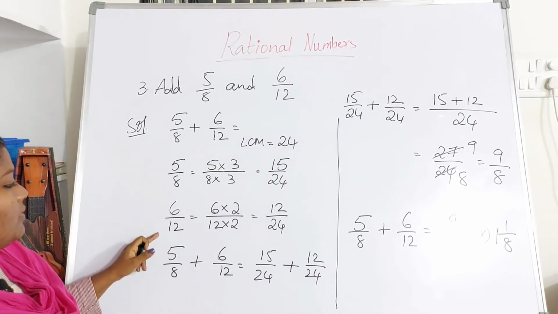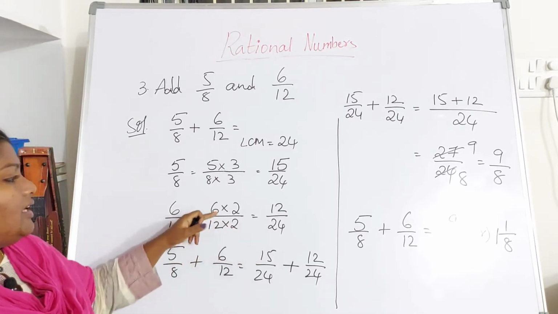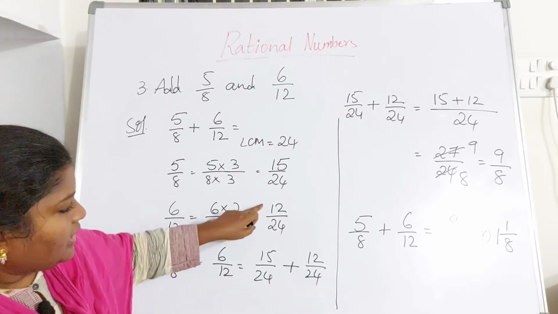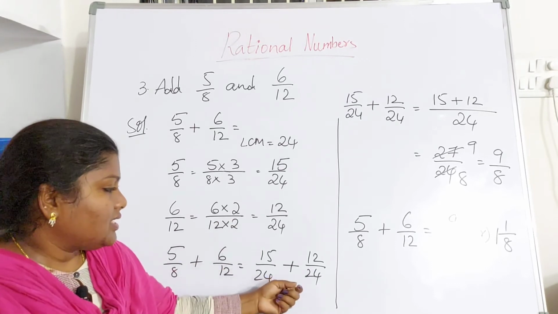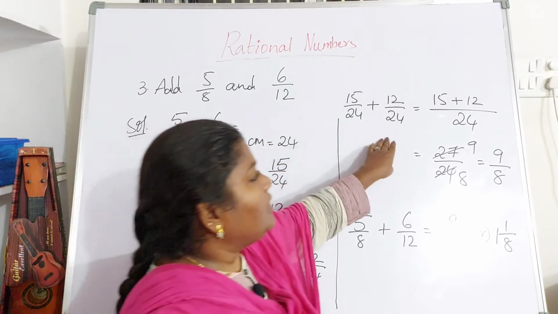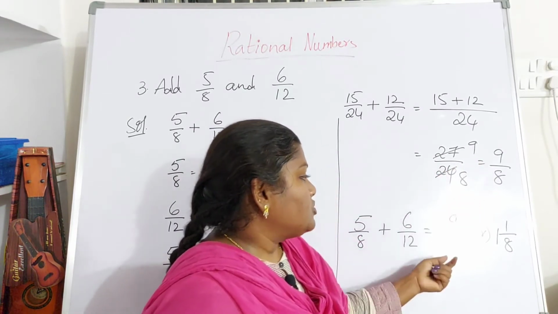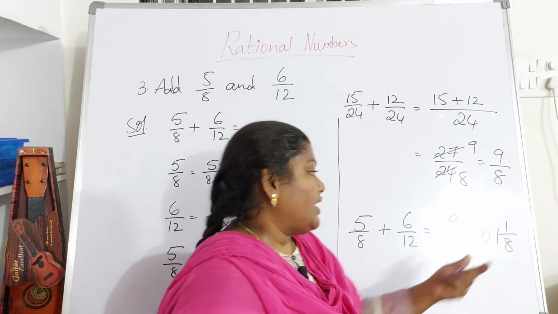And 6 by 12: 12 into 2 gives me 24. So I have multiplied 2 in the numerator and the denominator, and I got 12 by 24. Now because both the denominators are the same, you can directly add them. Finally it is 9 by 8. 9 by 8 is an improper fraction, so I have converted it into a mixed fraction.